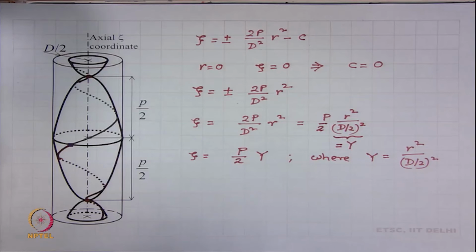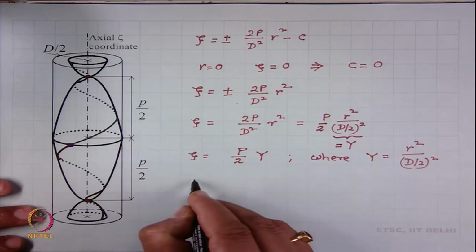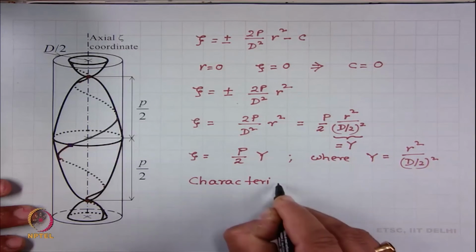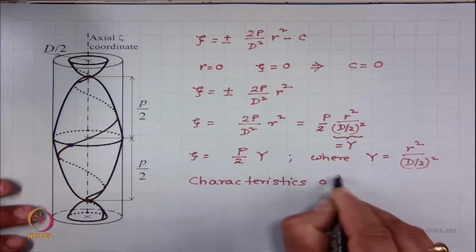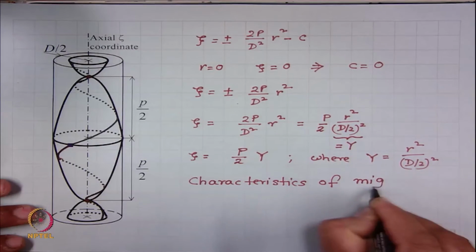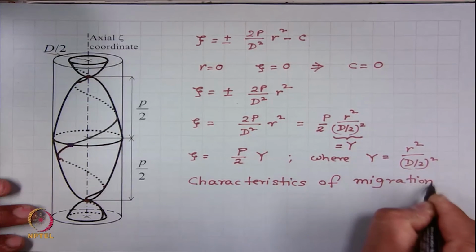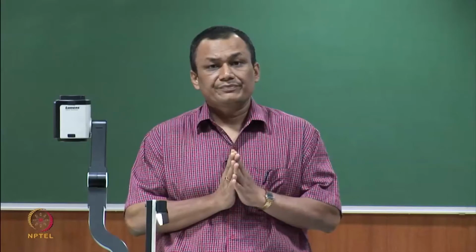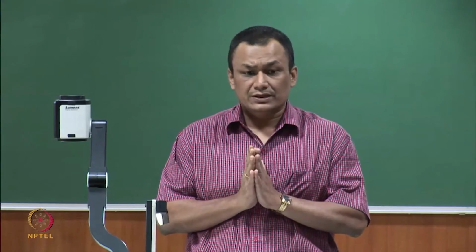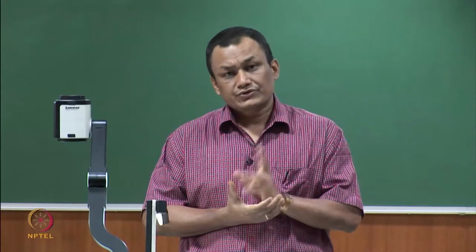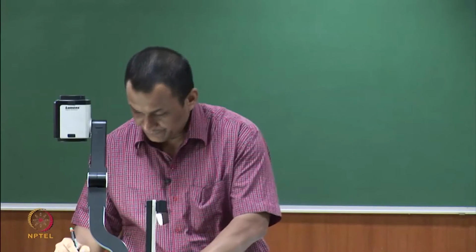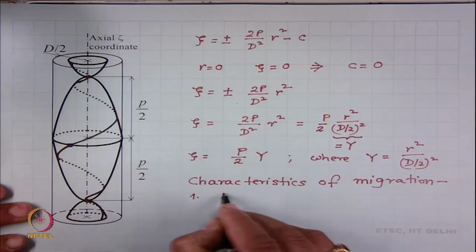Now, we introduce characteristics of migration. How we can characterize migration experimentally? Generally, Taylor and his co-worker, they used 3 characteristics for radial migration. One, fiber mean position.